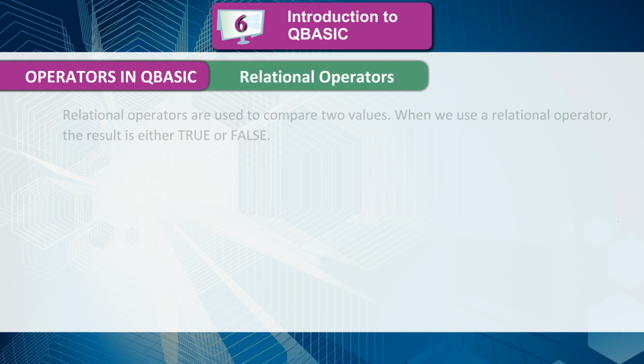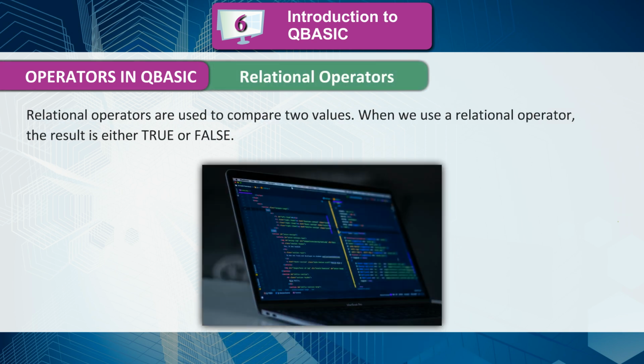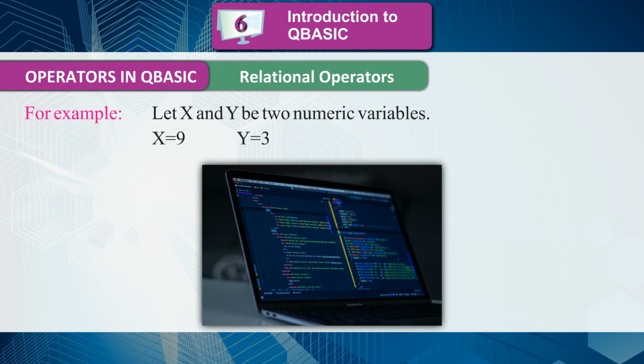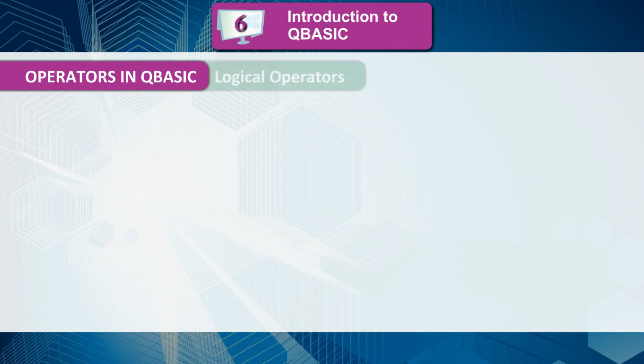Relational operators. Relational operators are used to compare two values. When we use a relational operator, the result is either true or false. For example, let x and y be two numeric variables: x = 9, y = 3.